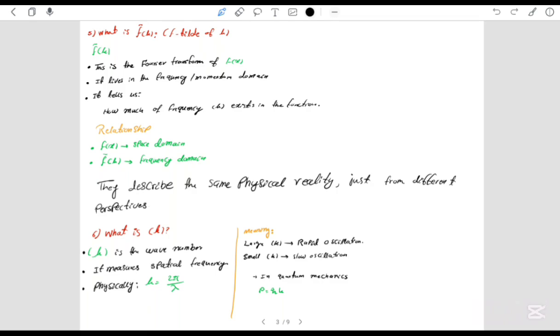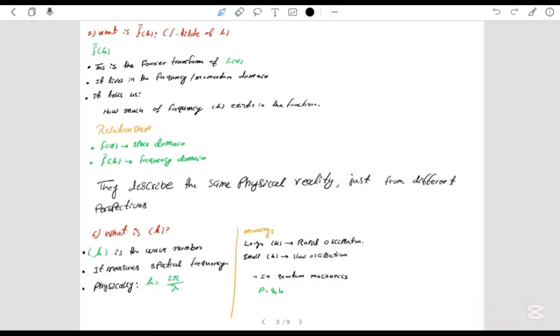It tells us how much of frequency k exists in the function. f of x is the space domain, and f tilde of k is the frequency domain. If you don't know the difference between a space domain and a frequency domain, you can search about it. It's not as difficult as you think. They describe the same physical reality just from different perspectives.